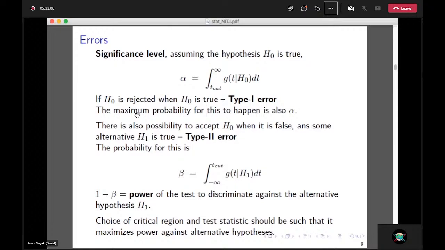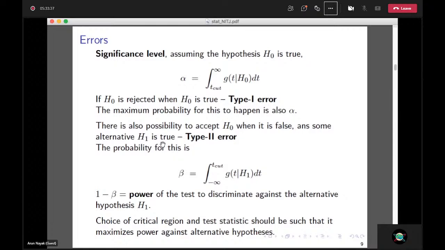In that case, if we reject H0 but H0 is true, we make an error, right? Such an error is called a type 1 error, and the maximum probability for this to happen is the alpha. But there is an opposite one. Suppose we accept H0, but H0 is actually false, and some alternative H1 is true.